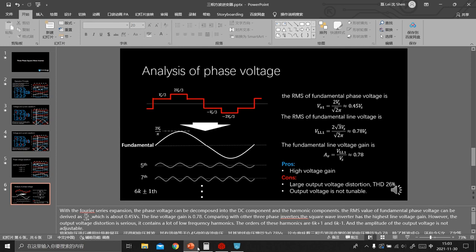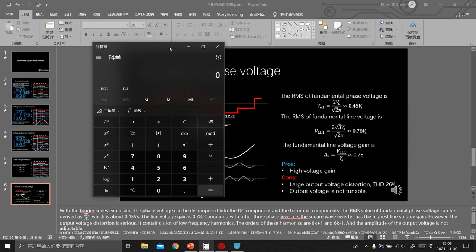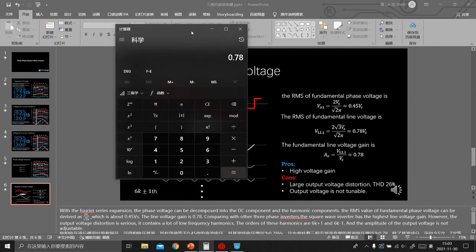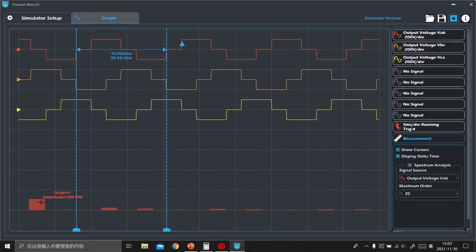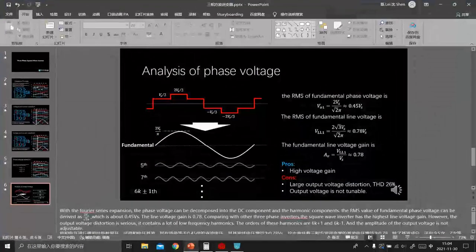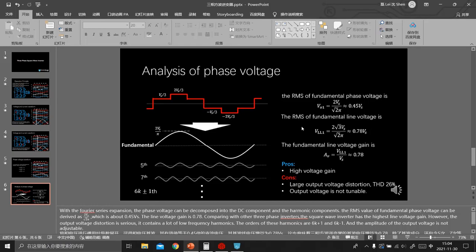Let's calculate the amplitude for this case. 0.78 multiplied by the 100 V input voltage, and then multiplied by the square root of 2. So the voltage should be about 110. Let's check the experimental result. In the experiment, the amplitude of the fundamental voltage is also 110. So it means the analytical solution derived in the theory course is correct.